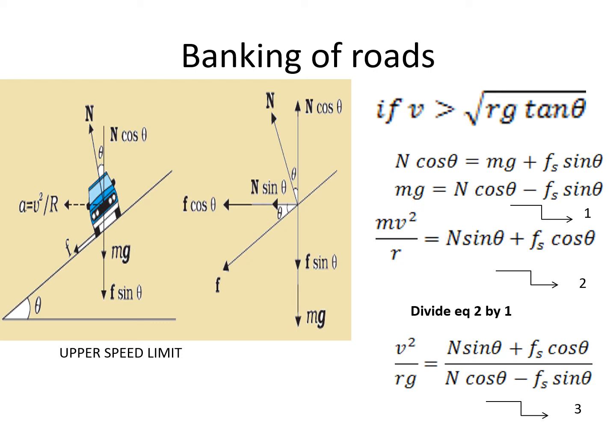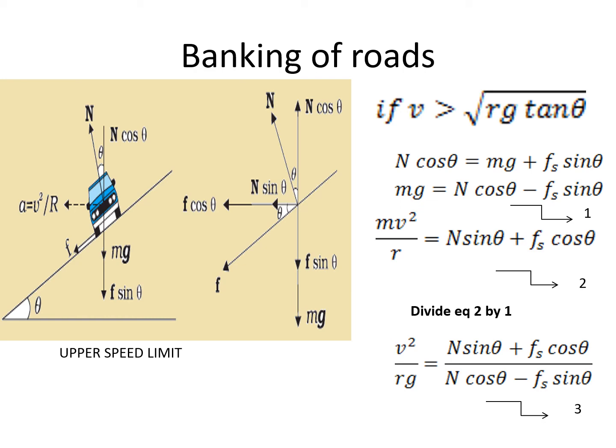This frictional force also gets split into its components as a vertical downward component fs sin theta and the horizontal component fs cos theta. So under these conditions, you can set up the equation as n cos theta is equal to mg plus fs sin theta. So mg can be written as n cos theta minus fs sin theta.